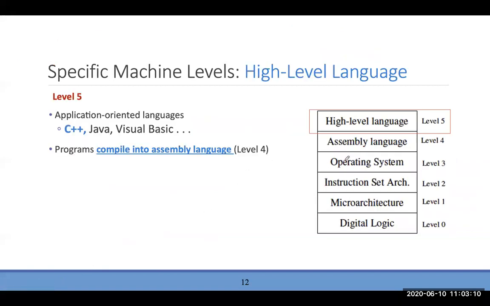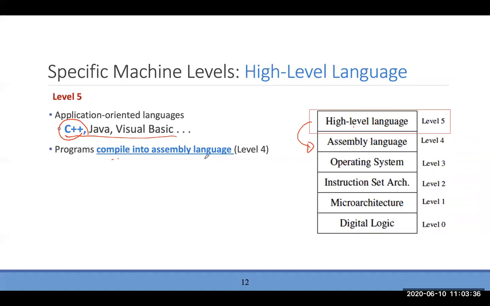All right, so if you start at level number 5 here, you write something in C, Java, or Visual Basic. If you want to do this, you have to use a compiler. And that compiler is going to translate into assembly if you are using C or C++. Java does not actually convert directly into assembly. It's going to create an intermediate file.